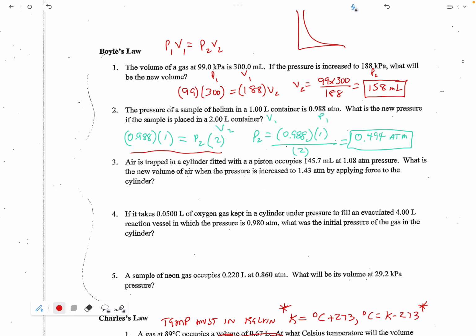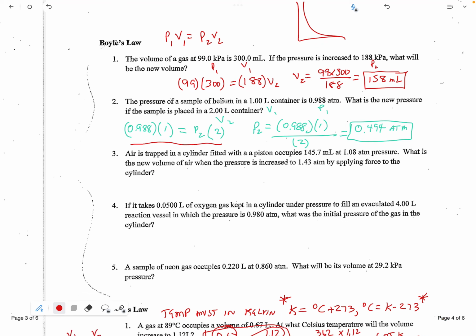Same kind of idea goes for the second problem. Everything is going to be multiplying the two top numbers together and dividing by another number. You're trying to get the variable, whatever you're trying to find, by itself. So, second one, we have 0.988 times 1 divided by 2, and that gives me 0.494 atmospheres.